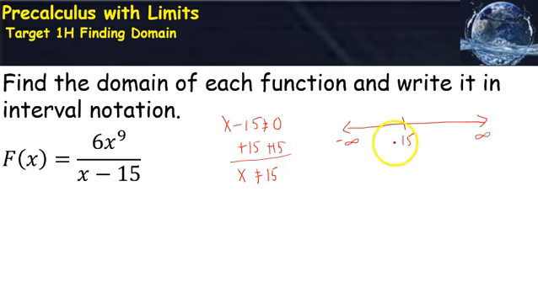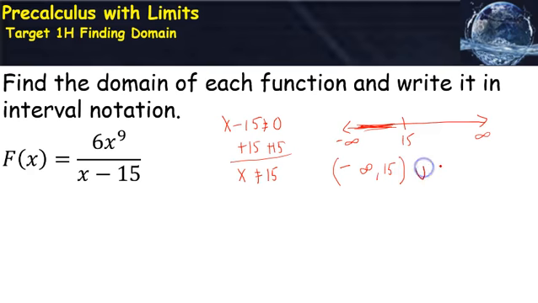So I have to say all the numbers before 15, so that's this part. So that's negative infinity to 15. So negative infinity is always open. It can get super close to 15, so I can't say 14 because 14.9 would work, and so would 14.99 and 14.999. So to say I can get as close as I want to 15 without actually touching 15, I'm going to use an open bracket.